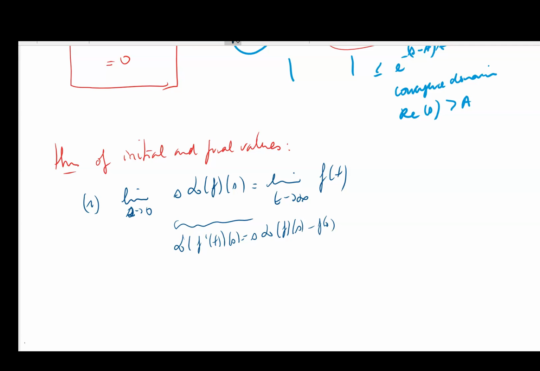So what do we get? We get that this limit as s tends to 0 of s times L of f of s is equal to the limit as s tends to 0 of L of f prime of t of s plus f of 0. Okay, so let's write what we have.